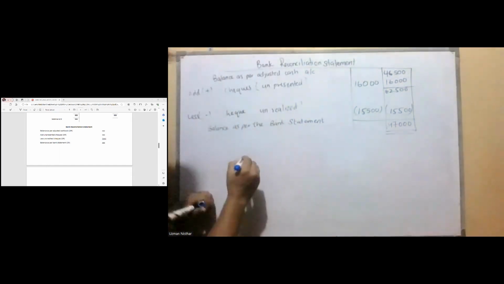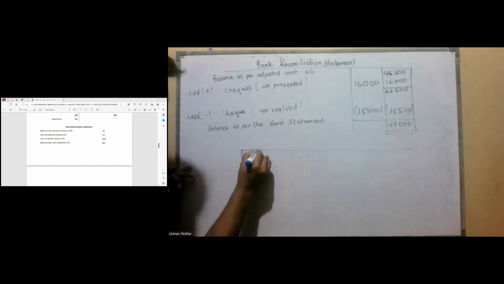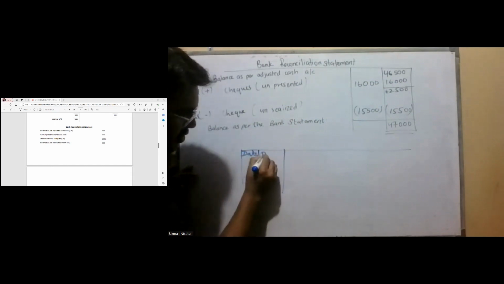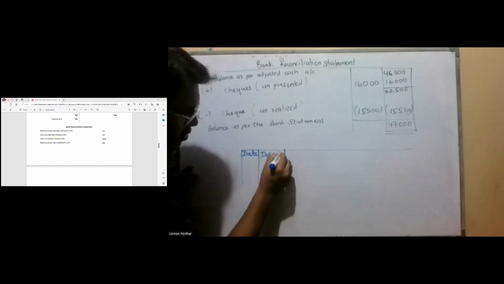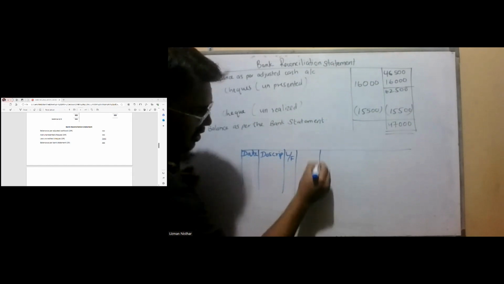So bank account we prepare like this here. The normal ledger account that we prepare: date, description, ledger folio, and then value.